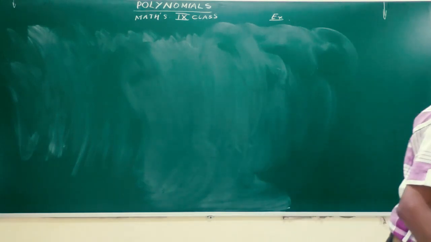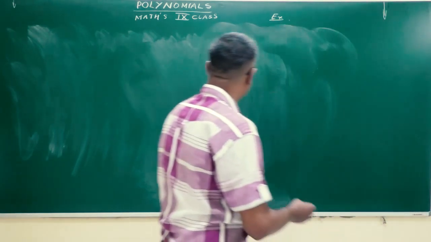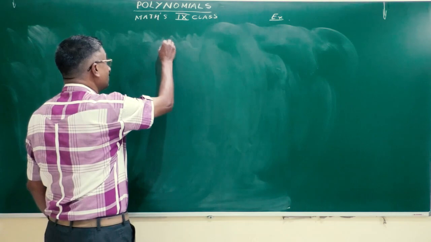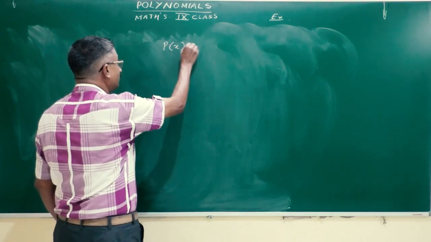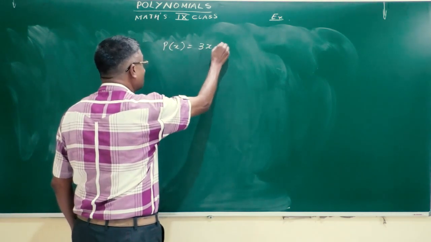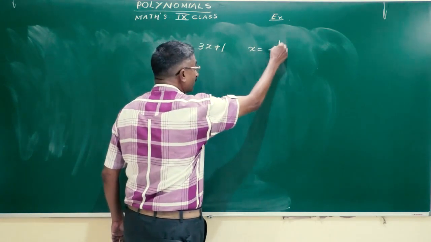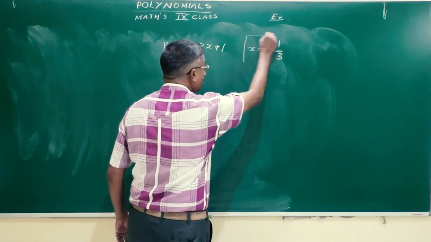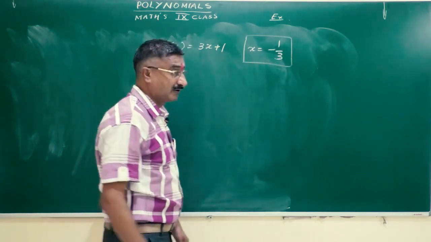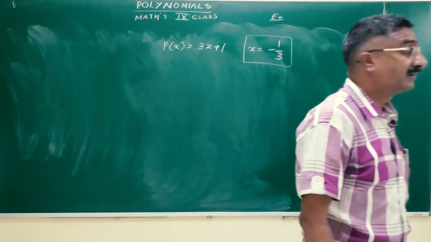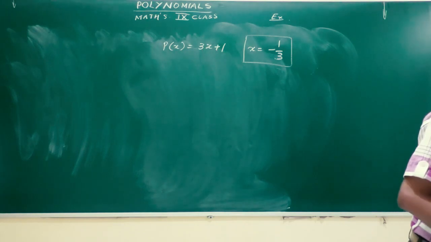So the first equation is P(x) is equal to 3x plus 1, x is equal to minus 1 upon 3. We have to verify whether this is a zero of the equation or not.